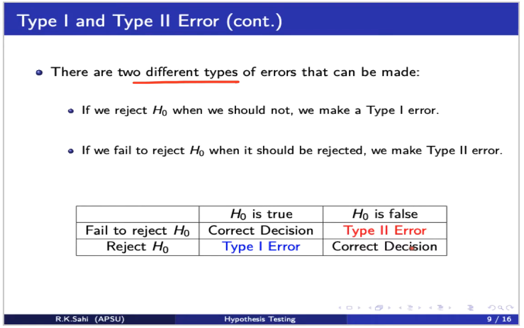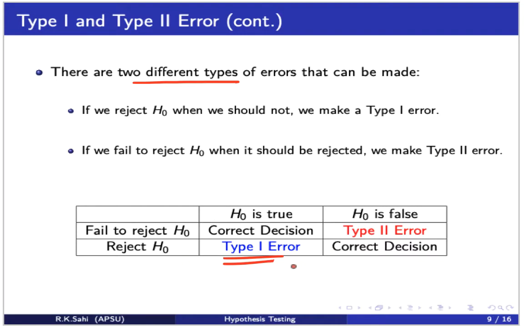The last column says, no, the null hypothesis was actually false. So when you create this kind of a table, the intersection of the null hypothesis being true and the rejection of the null hypothesis takes us to a type 1 error. So what basically it means is when a null hypothesis actually is true and we still end up rejecting the null hypothesis, man, oh man, we are in big trouble here.